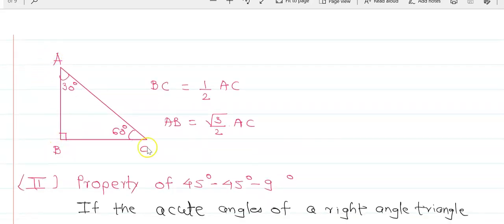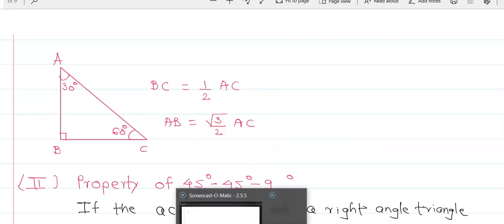In triangle ABC, measure of angle B is 90, A is 30 degree and C is 60 degree. Now here BC is equal to 1 upon 2 AC, which is the hypotenuse, and AB is equal to root 3 upon 2 AC. Now we'll learn the next property, that is the property of 45, 45, 90 degree.